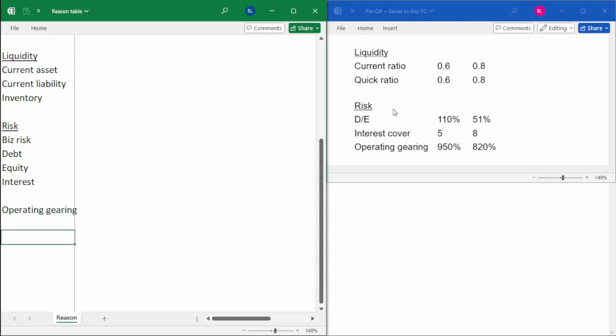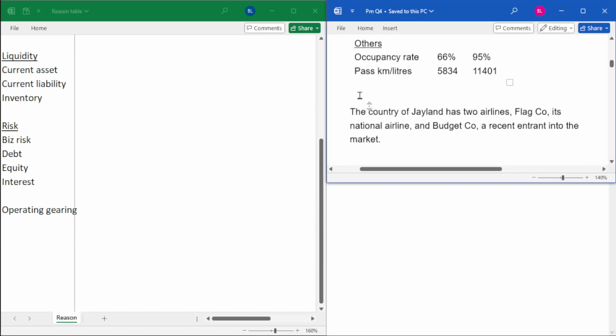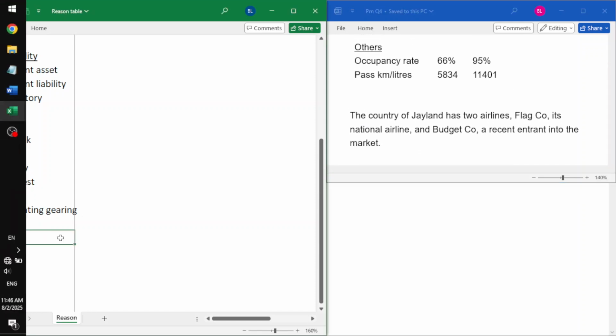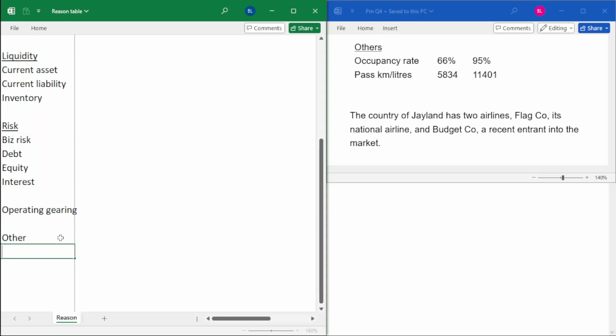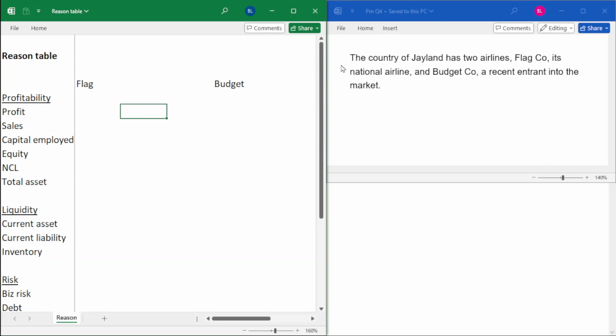Then we have others, so let's put others. Occupancy rate, just put it. Passenger km per liter, just put it. Let's continue and read the scenario.